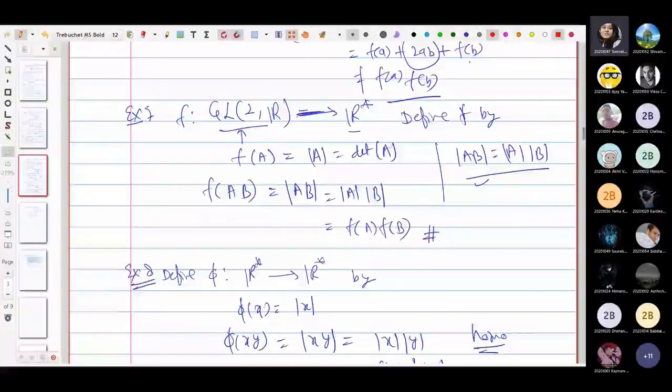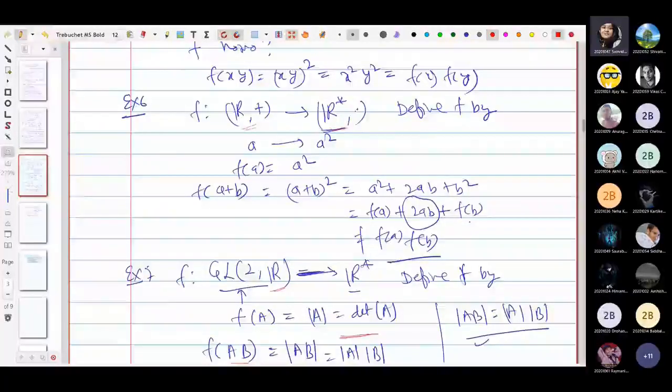If you see here, on the left hand side we have addition and on the right hand side multiplication, but unfortunately this couldn't be a homomorphism. It doesn't mean that there is no homomorphism from R to R star.